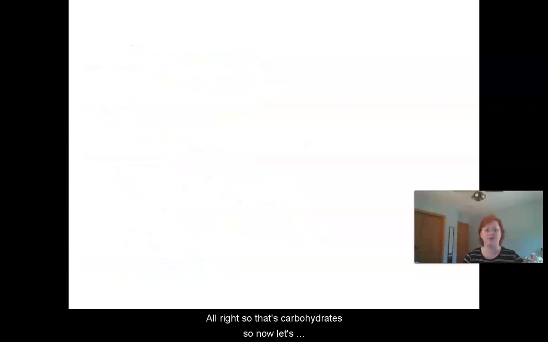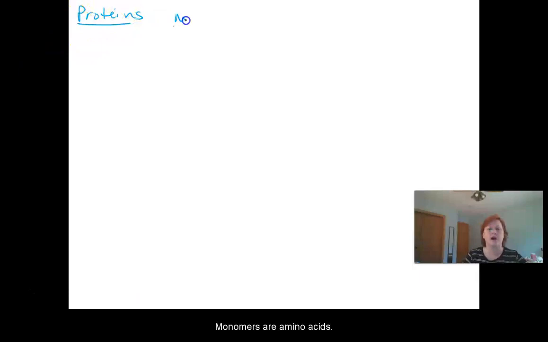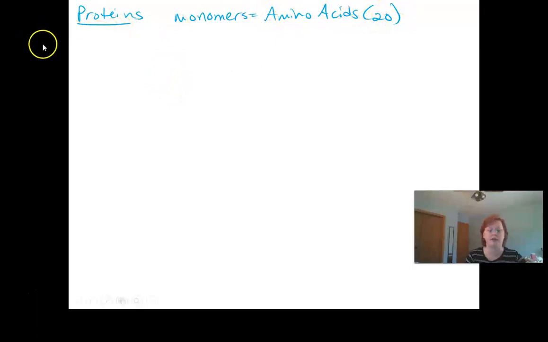So now let's talk briefly about proteins. So proteins, monomers are amino acids, and there are 20 essential amino acids. The recipes for making proteins are found in the DNA.